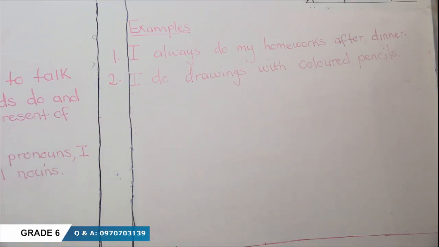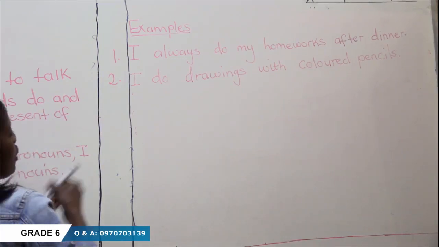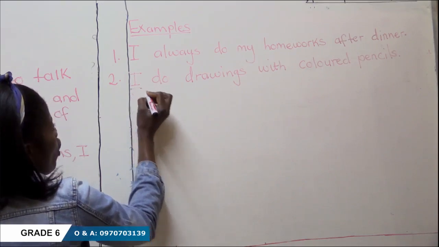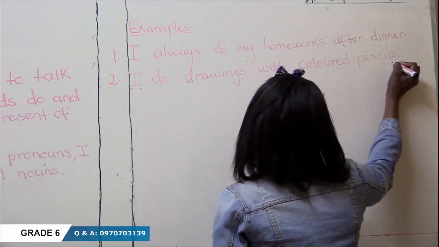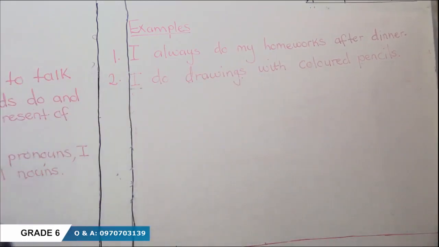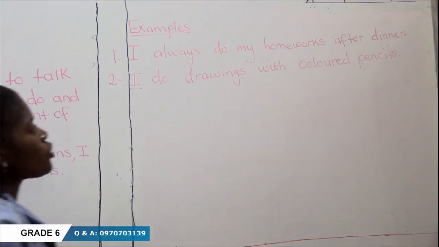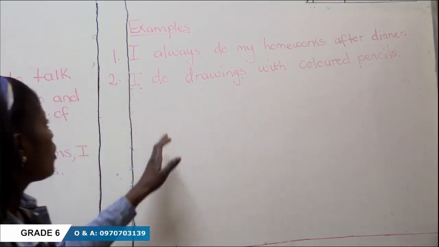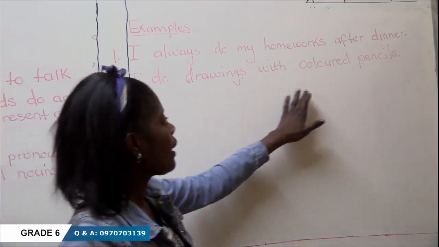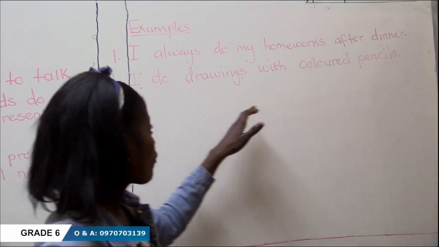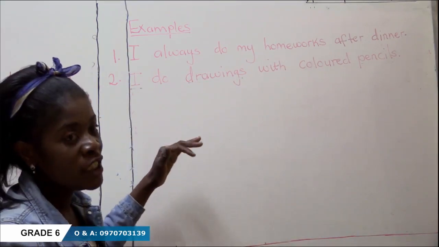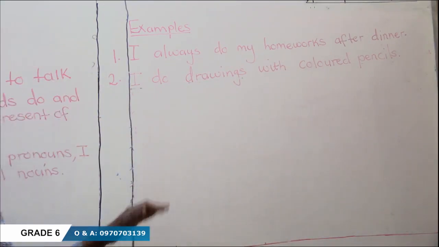Since I've said you use pronouns, we have this one, I, and plural we have drawings and also pencils. The drawings are a lot, so this is a plural and that one is also a plural, because obviously it's not just one drawing, maybe there are 3 or 4.